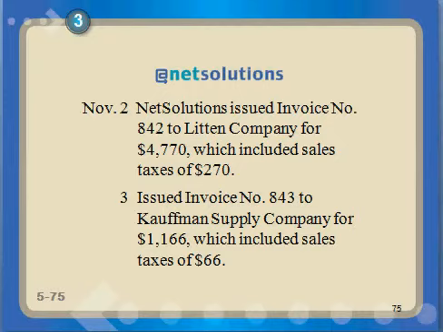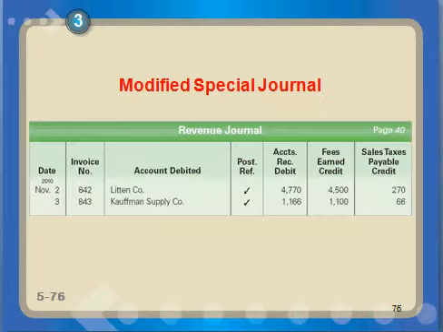You can see Net Solutions does charge sales tax on their services, and so in their revenue journal they have a sales tax payable column added. There's $4,500 worth of fees, and I think this said at 7%. Well, it must not have been 7%.